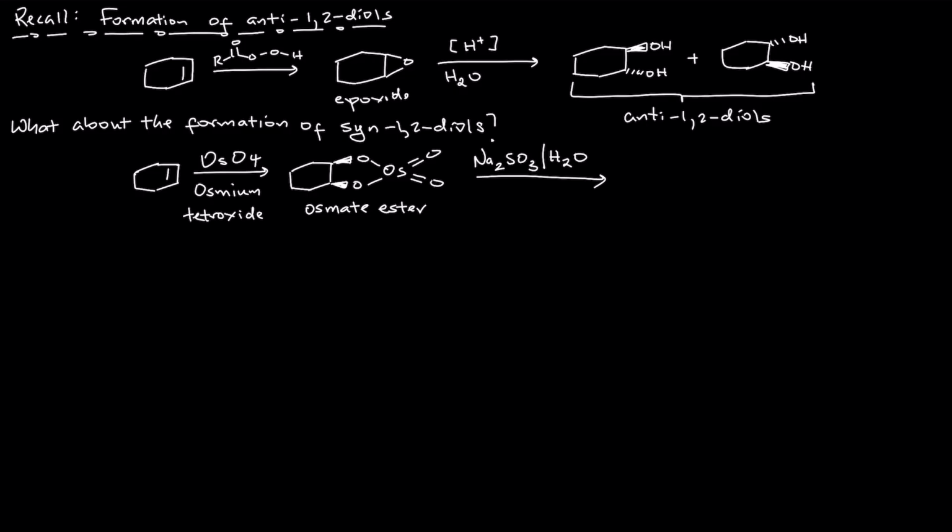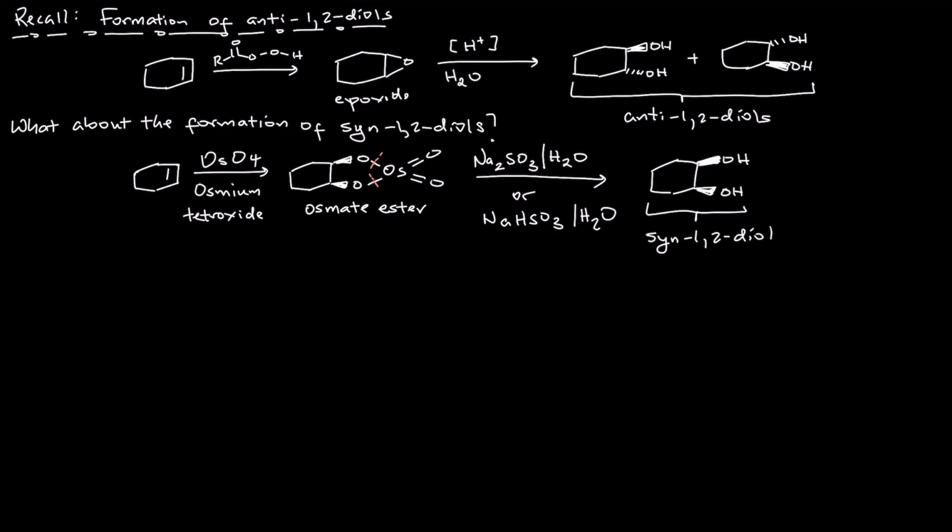So you can treat this particular osmate ester with two possible different sets of reagents, either an aqueous sodium sulfite in water or a sodium bisulfite in water. And what's going to happen is a cleaving off of the osmium dioxide from that particular osmate ester and a protonation at those two oxygens to form your syn-1,2 diol.